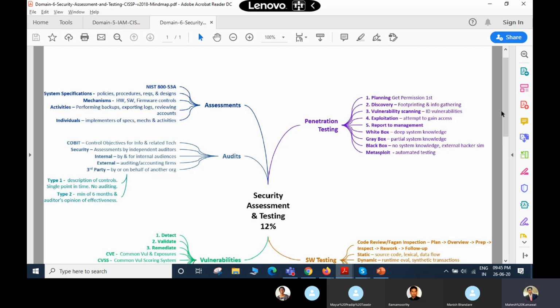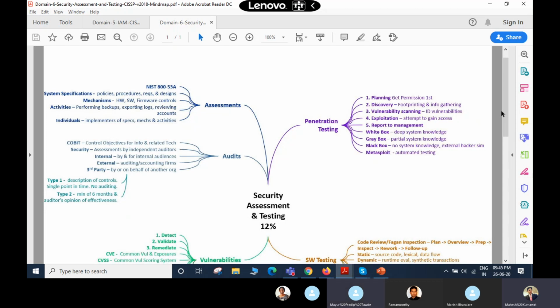Before we do the planning, first of all, you need to understand what type of penetration testing you are going to perform: white box testing, gray box testing, black box testing, and Metasploit. Suppose you are a person who has deep system knowledge, that is white box testing.